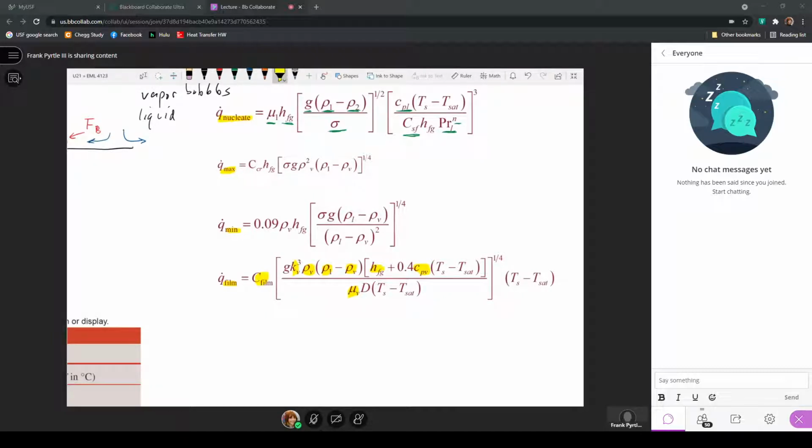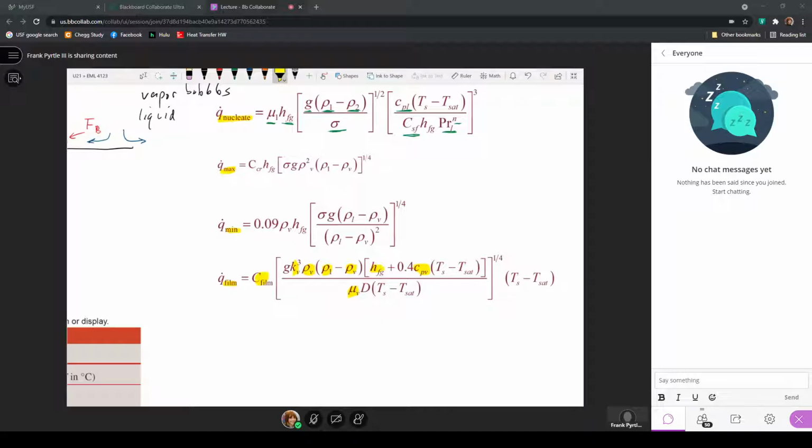So we would just write an expression for the heat flux during the film boiling condition according to this expression again, where all of these properties would still be evaluated at the saturation temperature for the fluid, because whether it's film boiling or nucleate boiling, that water, if it's water, typically it is water that is the working fluid, but that water is at atmospheric pressure.